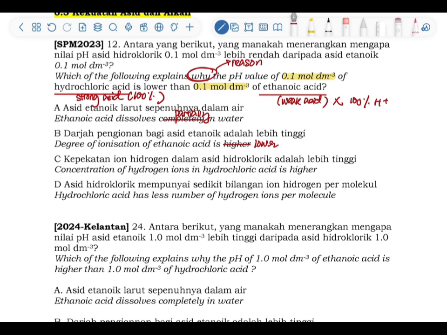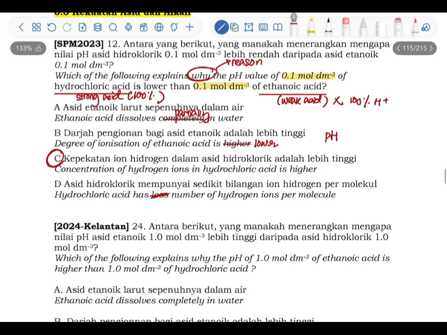C. The concentration of the hydrogen ions in the hydrochloric acid is higher. Yes, C. This is strong. Since the concentration of the hydrogen ions in the hydrochloric acid is higher, because it can give out 100% of the hydrogen ions, therefore the pH value is not the same, and the pH value for the hydrochloric acid is lower than the ethanoic acid, because you need to relate it with this formula, which is pH equals negative log 10 of the concentration of the hydrogen ion.